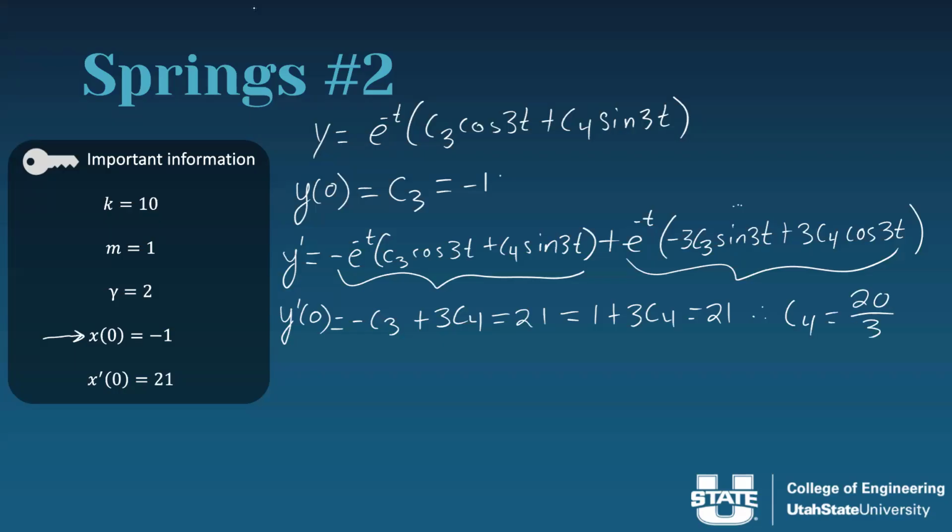Therefore, C4 is 20 over 3. All right, so now we have solved y, but yet again, that is still not quite what we're here for.